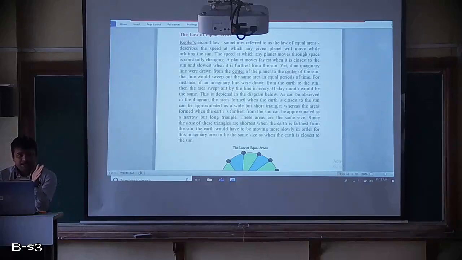After 31 days it has traveled some distance, so it is making a curve there, and the area is being swept out. Here we are referring to the center point as the sun, so it is creating an area. Now after each interval of time, these areas will remain the same.